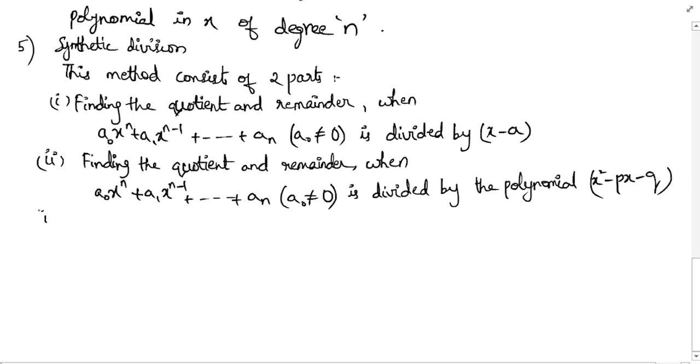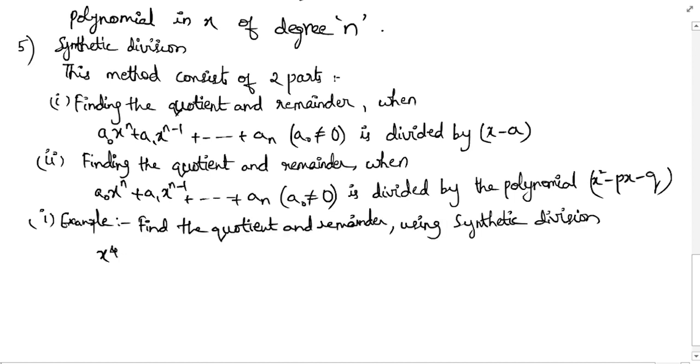The polynomial given is x^4 minus 6x cube plus 3x square plus 22x minus 24, when it is divided by x minus 4. We'll find the quotient and remainder using synthetic division now.